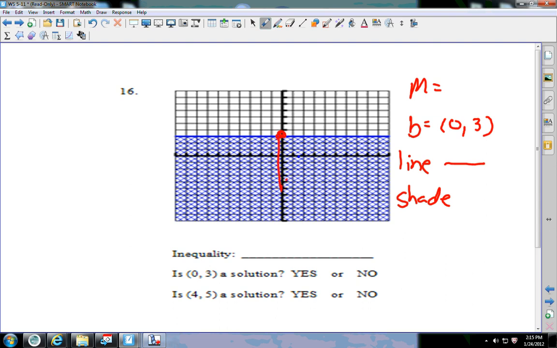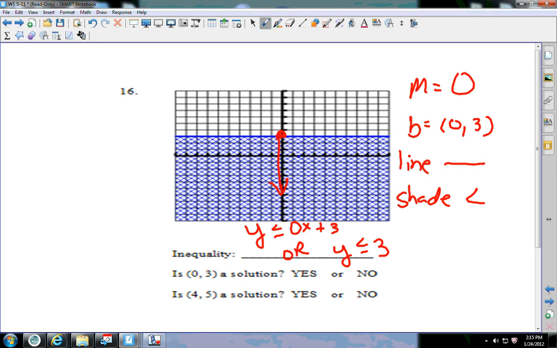The shading is below, which is less than. But what is the slope? The slope of a horizontal line we should know is 0. So I can write this a couple of ways. y is less than or equal to 0x plus 3. But better to write it, you'll see it more likely like this. y is less than or equal to just 3.